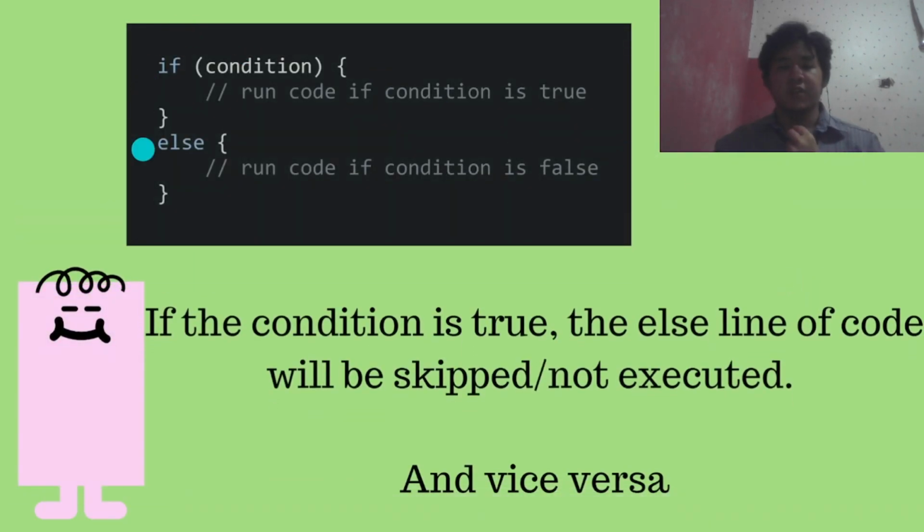If we see this box above, we have two actions in which the first code will run if the condition is true, and the other one will be run if the condition is false. As we can see, if the condition is true, the else line of code will be skipped or not executed, and vice versa.